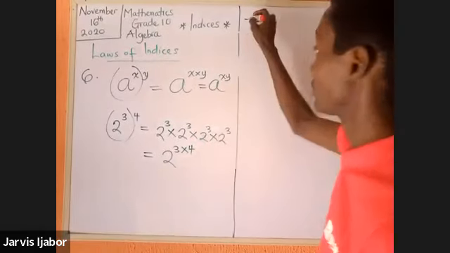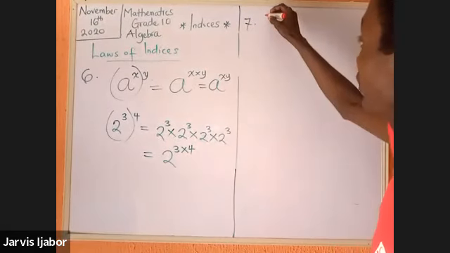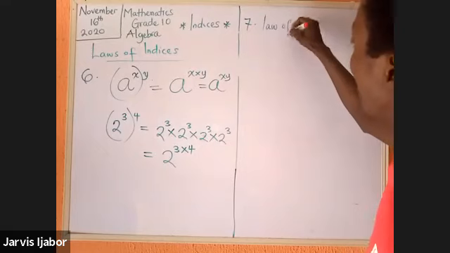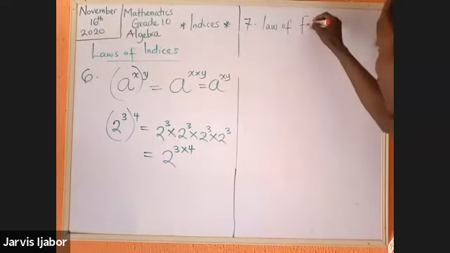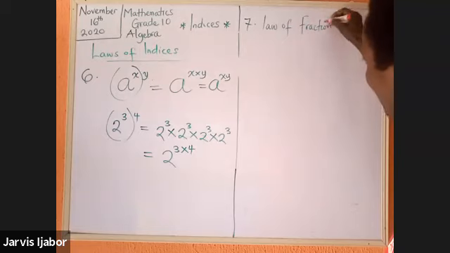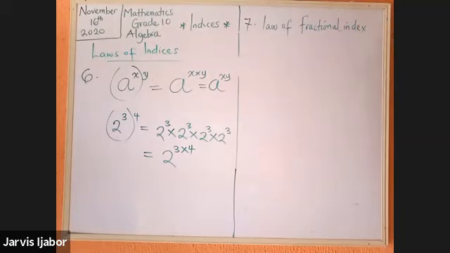So in 7, we have what is called the law of fractional index, or sometimes they say the law of fractional indices. All right.